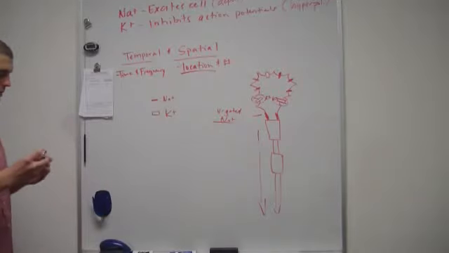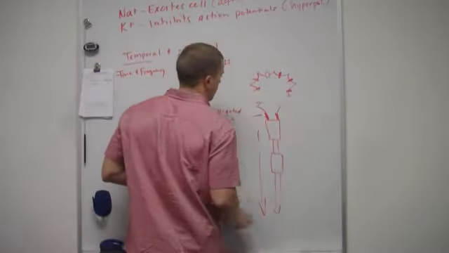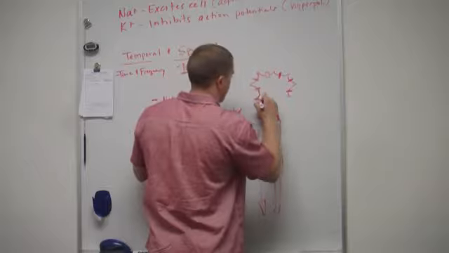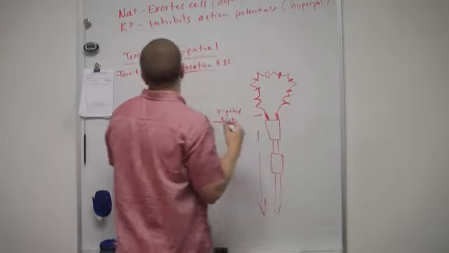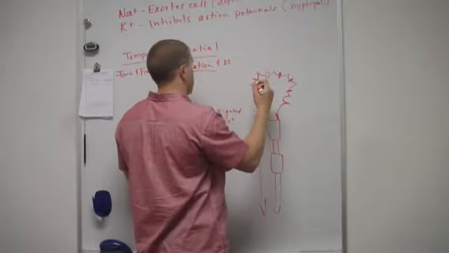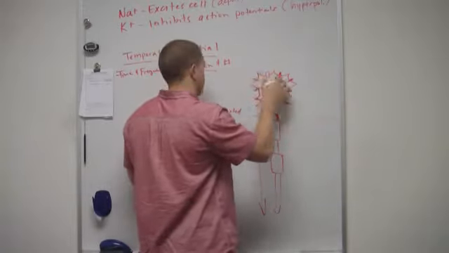So I'm going to give you an example of temporal summation. Erase these. Okay, so we have a channel here that's leaking. We'll just say there's an even number of receptors here, or channels.